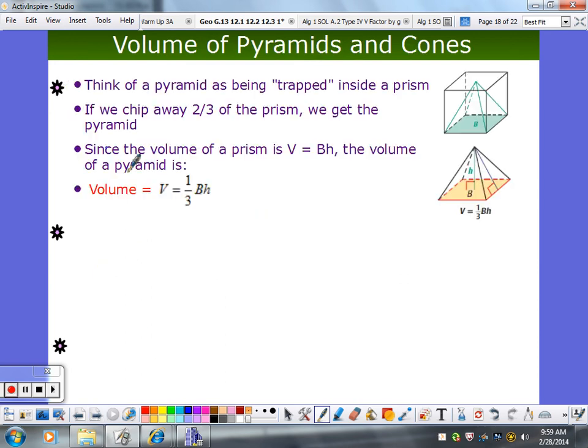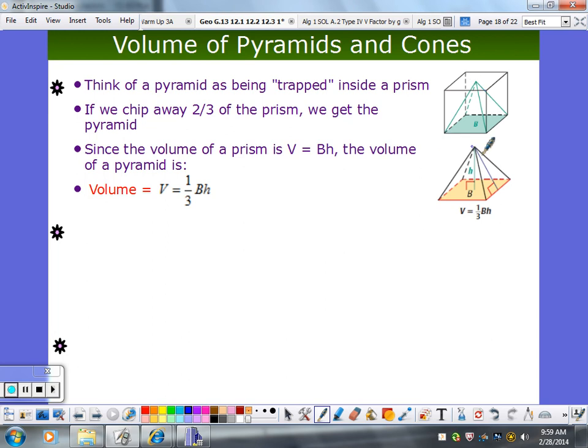Simplest are pyramids and cones. Pyramids and cones are analogous. They're similar, except one's round. It's like you took a cube and you carved away 2/3 of it, and now you're left with this bit. So a pyramid is 1/3 of the prism around it that would contain it. So you take the prism formula and you just take 1/3 of it.